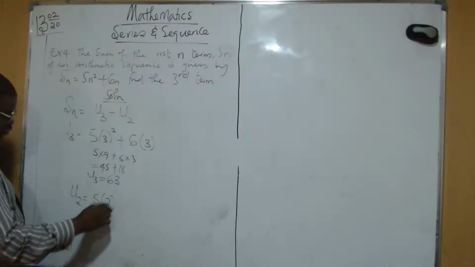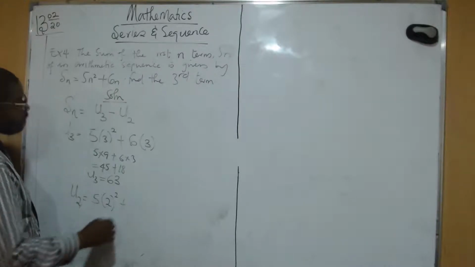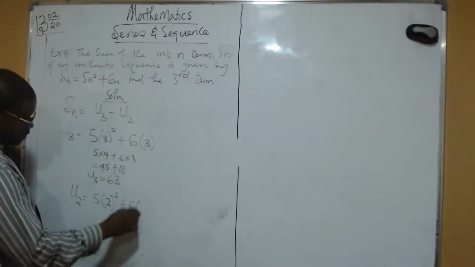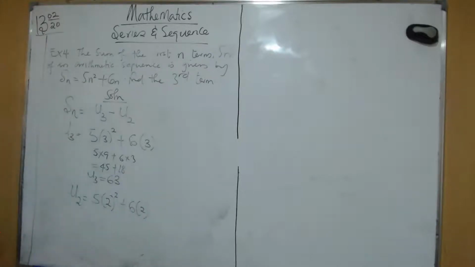Right? Now, for the second term, we are going to have 5, we have 2 now, square, plus 6 times 2. I'm also using 2 because that is the number of terms we are using in the solving.